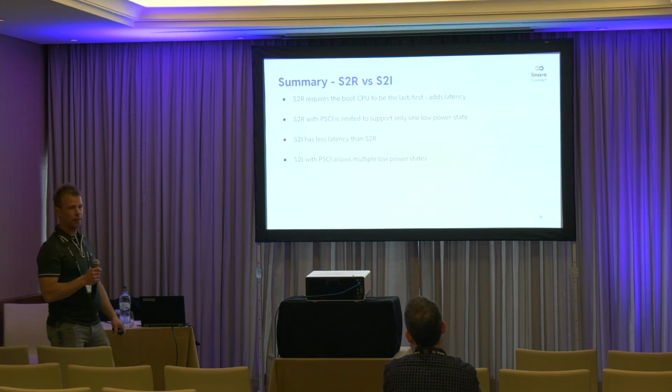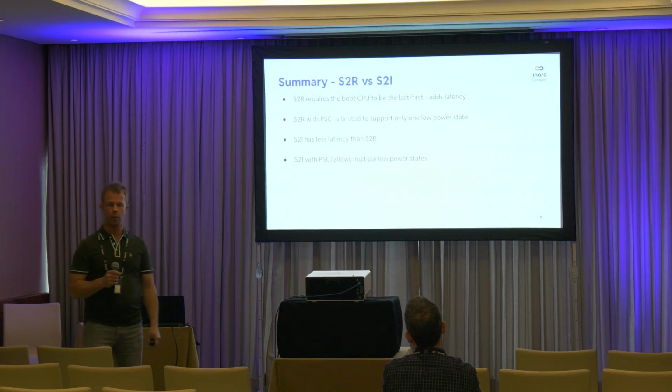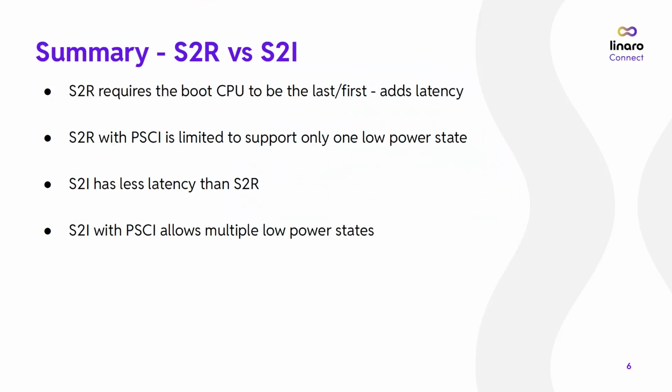Okay, I'll just briefly summarize a couple of observations I've made and wanted to share with you. So when we do Suspend-To-Ram, there are a couple of constraints that we have to agree with the firmware: usually it's always the boot CPU that needs to be the last CPU, and you also need to hot plug or offline the other CPUs before you actually allow the system to go to that state.